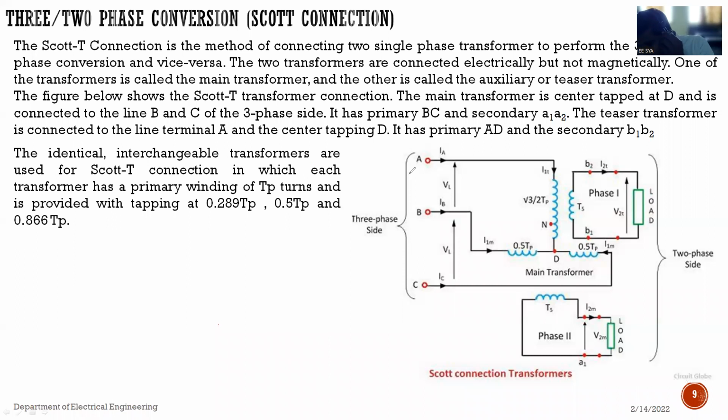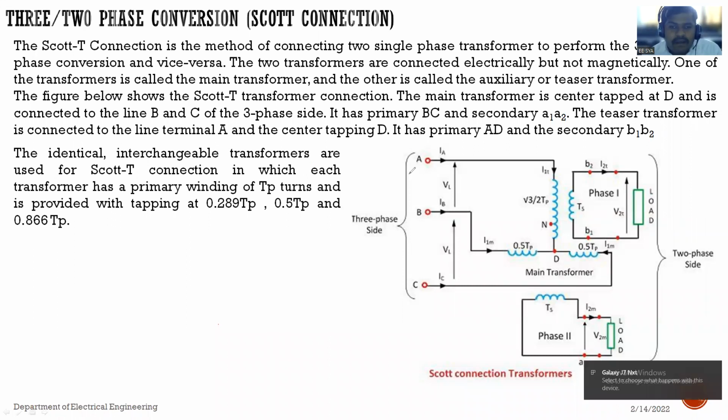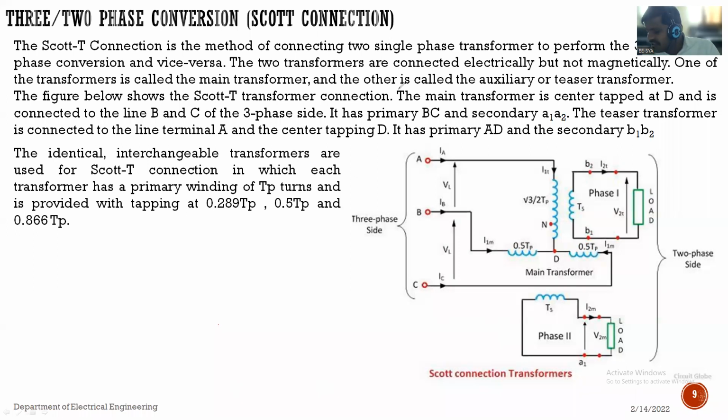Okay, see, now we will derive. The phase voltage, or it may be the line voltage, on the three phase side: this voltage is VAB, this voltage is VBC, and this voltage is VAC.